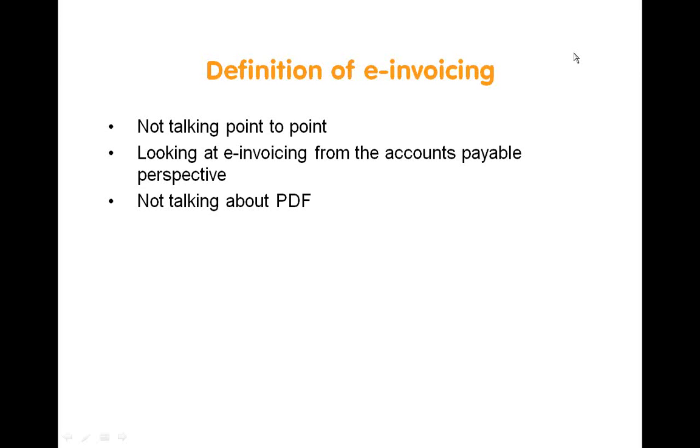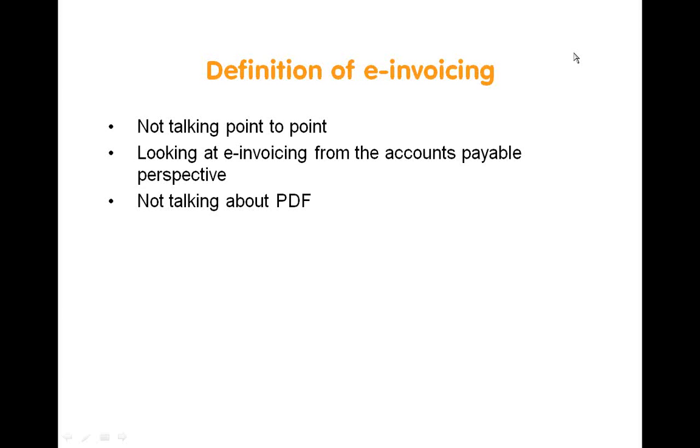And many companies, especially in automotive and retail, were very successful rolling out EDI in the late 70s, 80s, 90s with their very high volume suppliers, but realized that they couldn't get any further. We're not talking about point-to-point EDI technology. We're talking about many-to-many, any-to-any open networks which can be plugged into by many suppliers and many buyers. So that's what we talk about when we talk about e-invoicing.